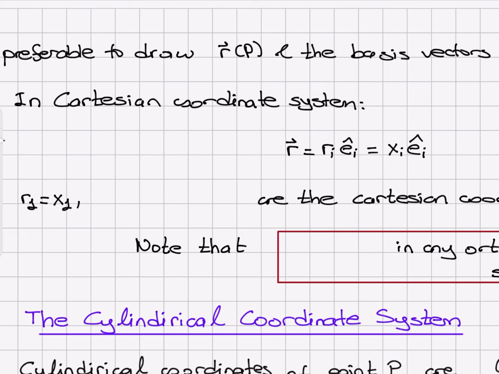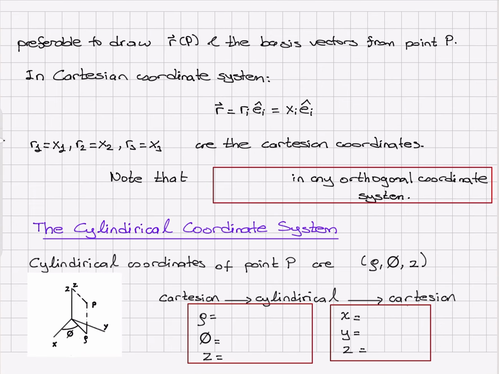The component R2 is x2, which is on Ey hat, and R3 is x3, which is the component of r on the z-axis. So these are the Cartesian coordinates.